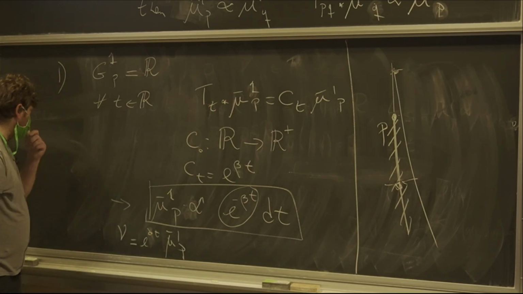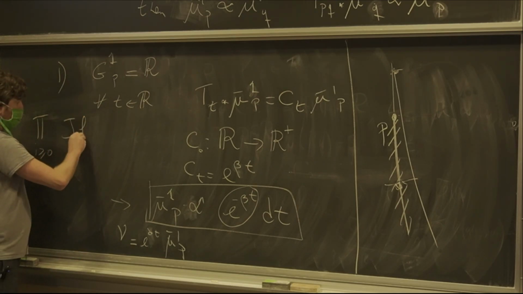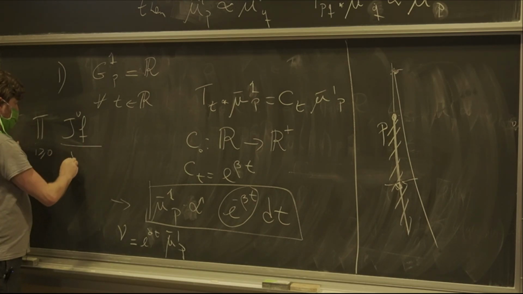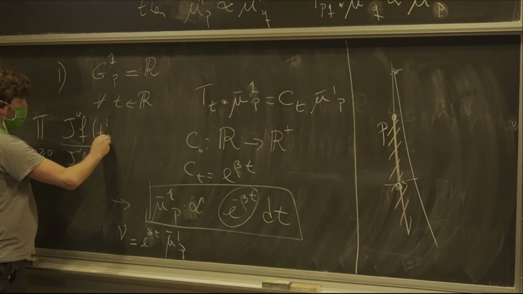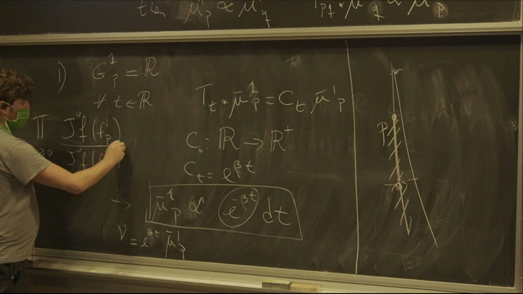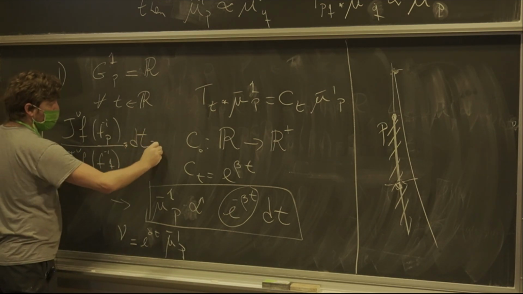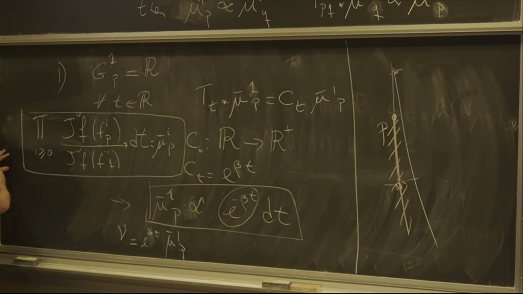And the Radon-Nikodym derivative is given by the product over i larger than or equal to 0 of the unstable Jacobian divided by the unstable Jacobian, this is on P and minus iP, and this times dt is supposed to be this guy up to some number.